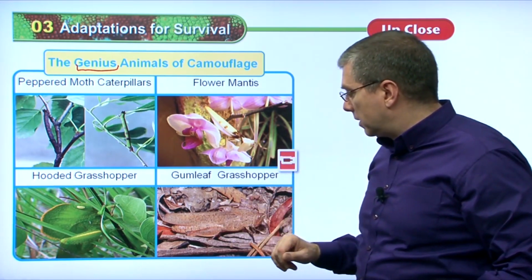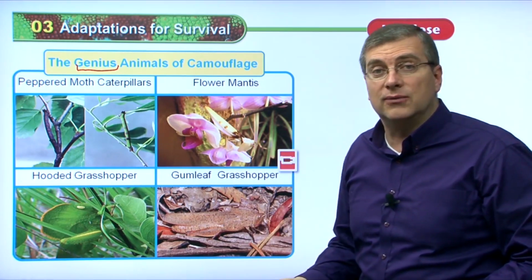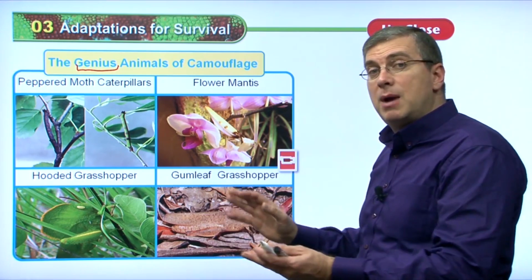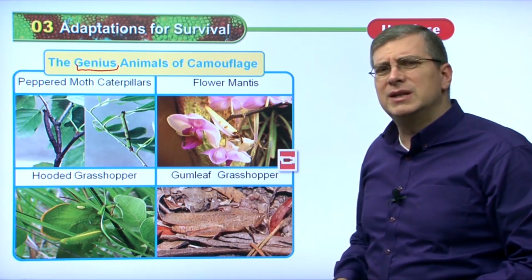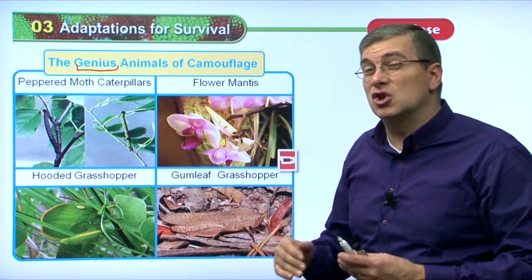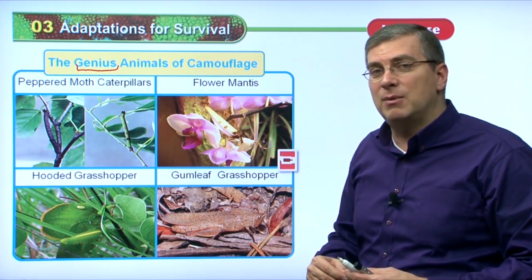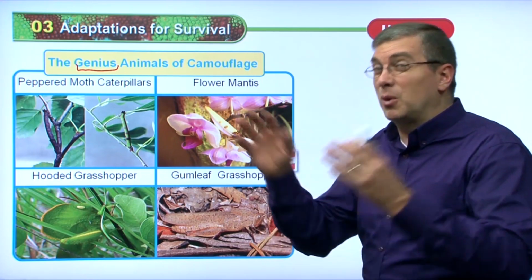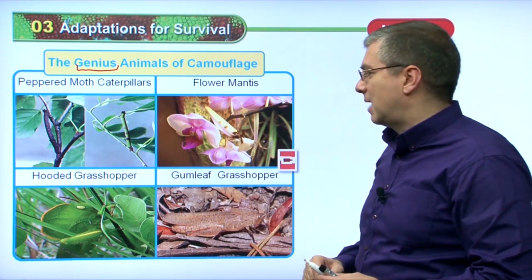So this grasshopper, if it's on the ground, just looks like an ordinary leaf. A bird will pass right by, won't even notice that grasshopper. And of course, that's what most insects are hiding from, birds. And that's why insects are such good masters or geniuses at camouflage, because birds are everywhere and birds are always looking. So insects have to be good at camouflage.